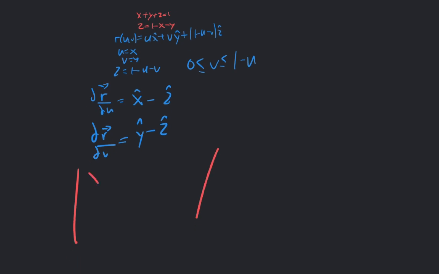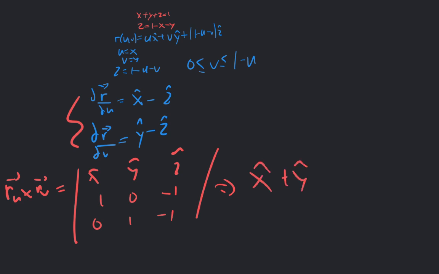So I'm just going to write x unit, y unit, z unit. Then we're going to cross these two terms. So ru cross rv, and that's 0, 1, 0, -1, 0, 1, -1. And when you do this all, it's x unit plus y unit plus z unit, or 1, 1, 1.